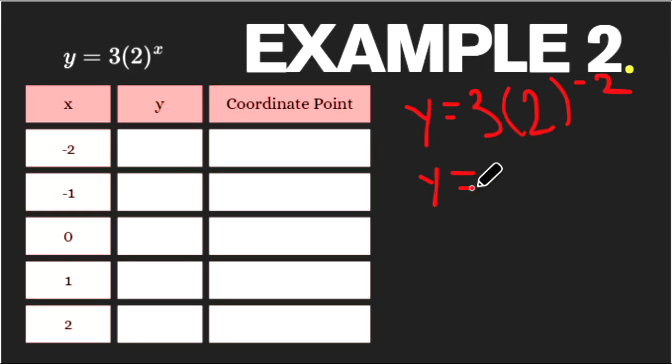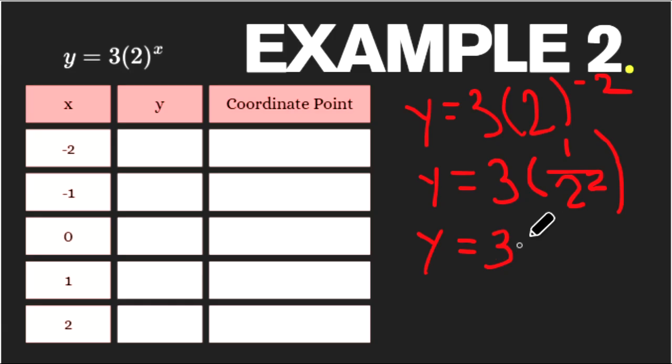Okay, so using our exponent rules, we have 3 times 2 raised to a negative, which is going to be the same as 1 over 2 to the positive. So we're creating a fraction out of this because of that exponent rule. So now we have y is equal to 3 times 1 over 2 squared, which is 4, okay?